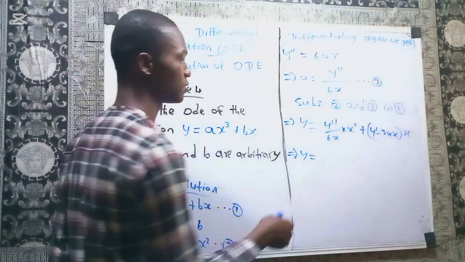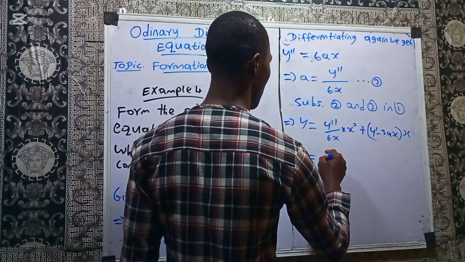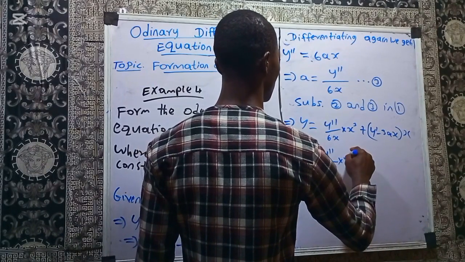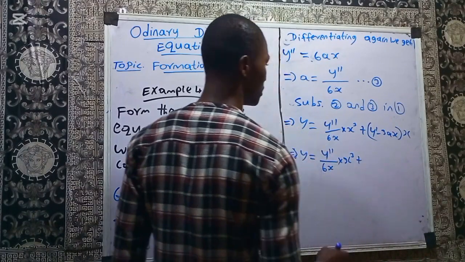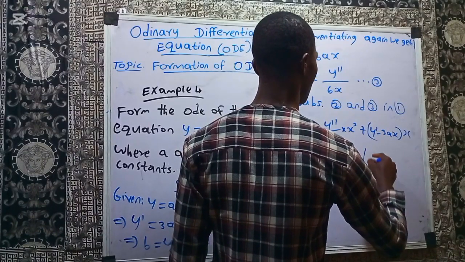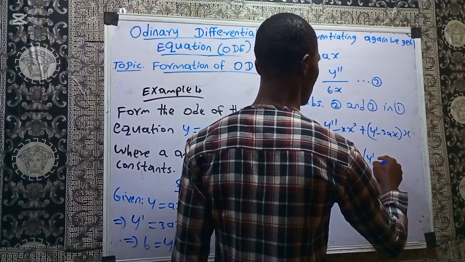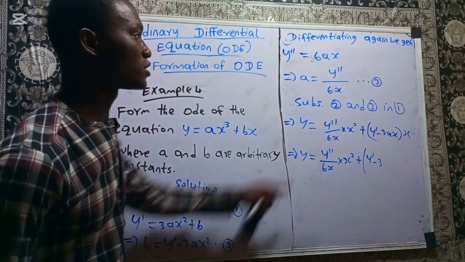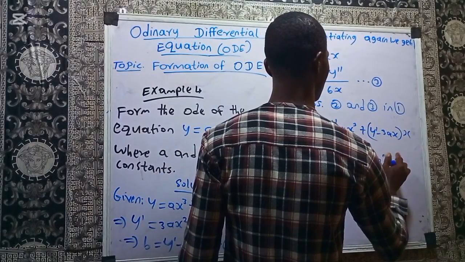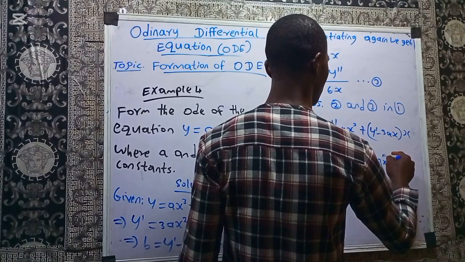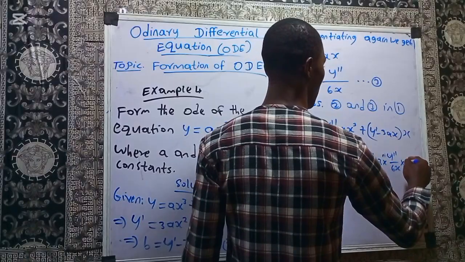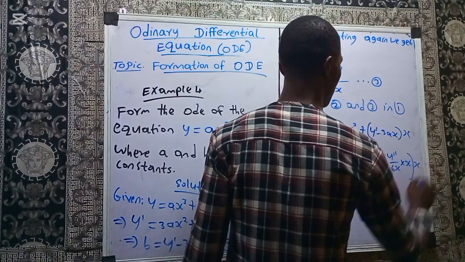So this implies that y will be equal to, something can cancel. But before that, let's just write this: y prime prime divided by 6x times x raised to power 3, plus y prime minus 3 times a, but a we have gotten it to be y prime prime divided by 6x, times x, all multiplied by x.